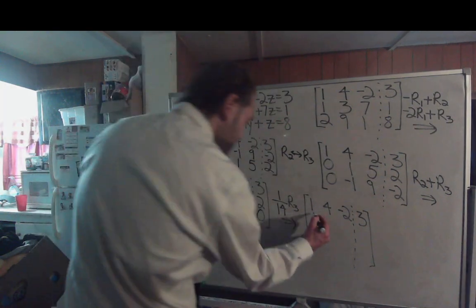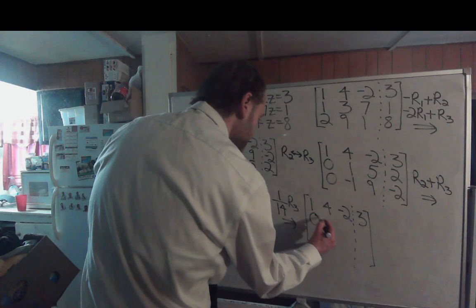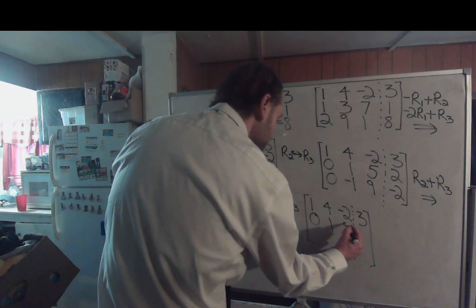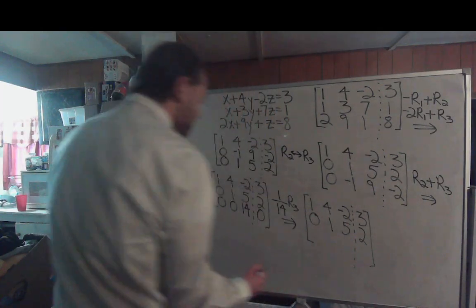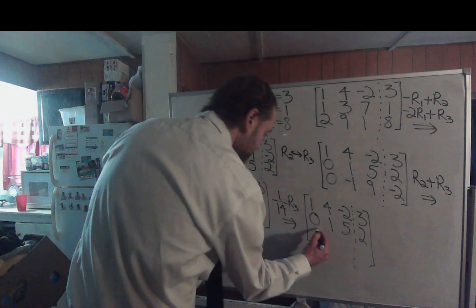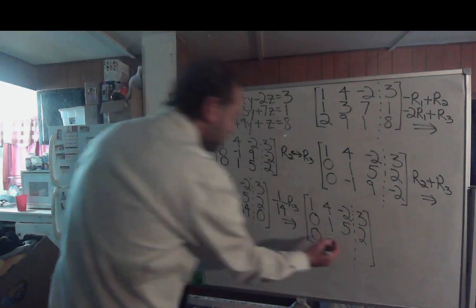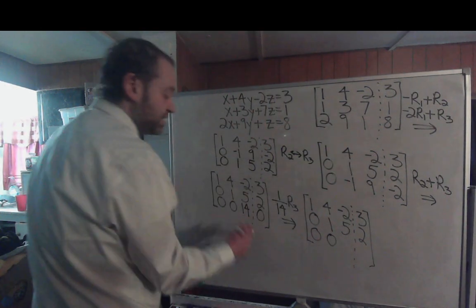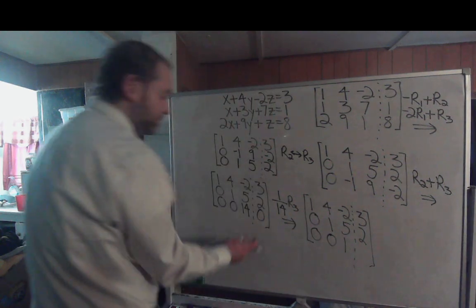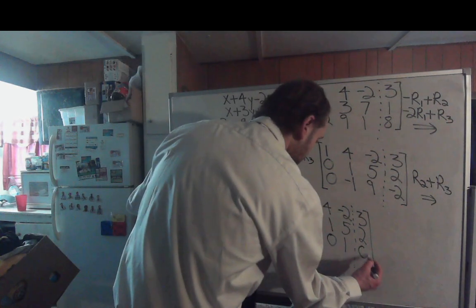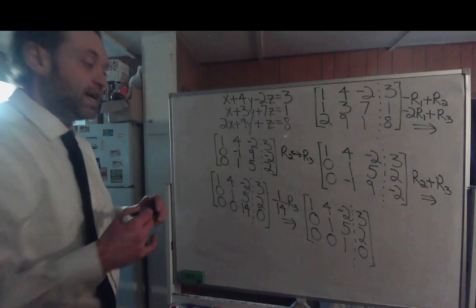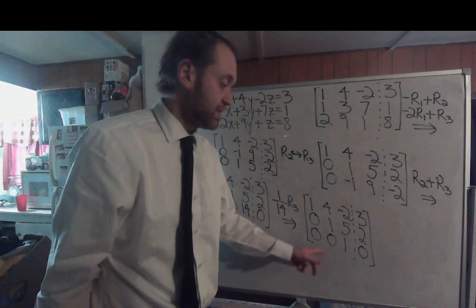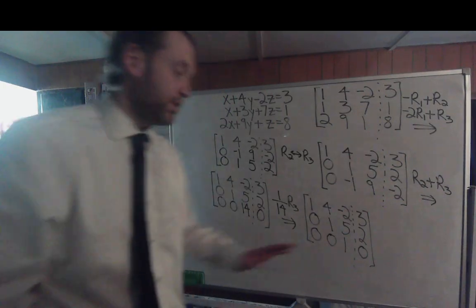And then of course, second row leave alone. 0, 1, 5, 2. All right, 1/14 of 0 is 0. 1/14 of 0 also 0. 1/14 of 14 is 1. And then 1/14 of 0 is 0. Now we have this in row echelon form because the leading digits are 1 in all 3 rows.